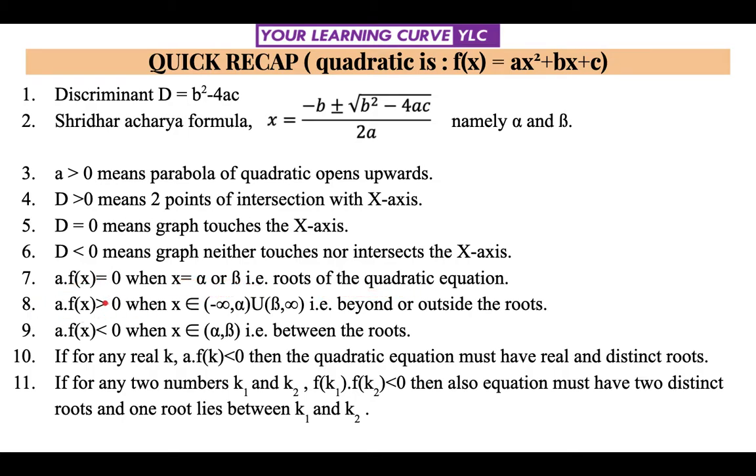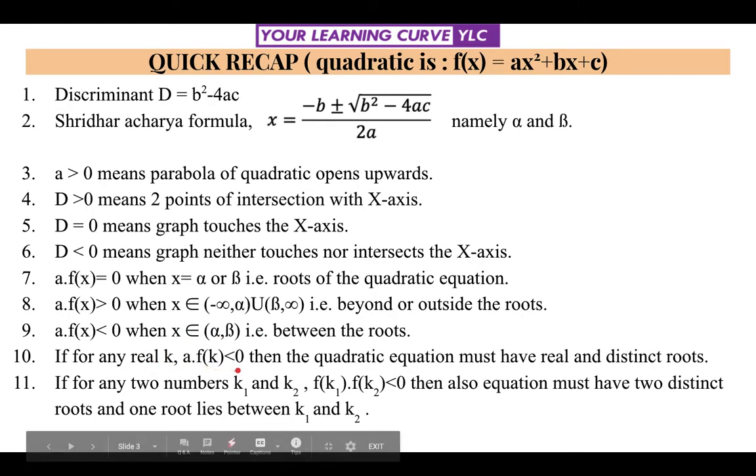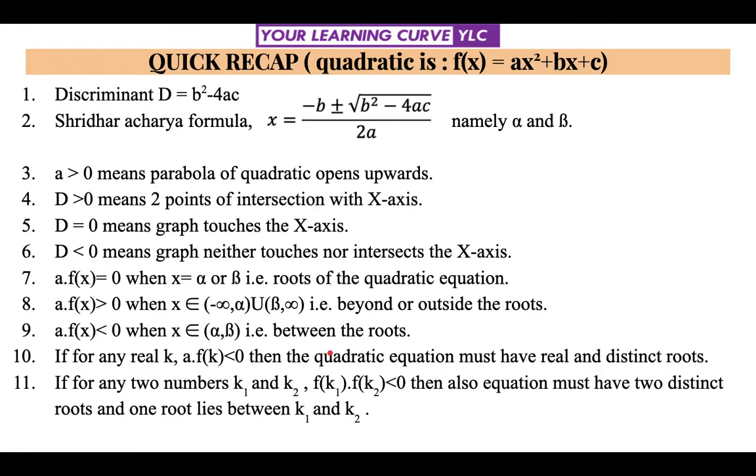A into f of x is positive when x belongs to minus infinity to alpha and beta to infinity, or beyond the roots. This product is negative when x belongs to the interval alpha beta, or in between the roots. And if for any value k, a times f of k is less than 0, then the quadratic equation must have real and distinct roots.